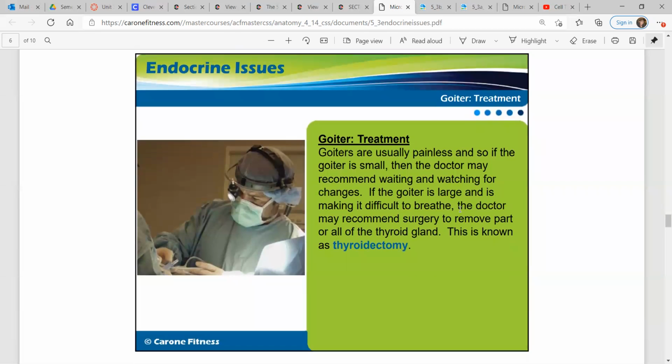Well, how do you treat goiters altogether? They're usually painless, and so if the goiter is small, the doctor may recommend waiting and watching for changes. If it's large and is making it difficult to breathe, the doctor may recommend surgery to remove part or all of the thyroid gland, and that's called thyroidectomy.